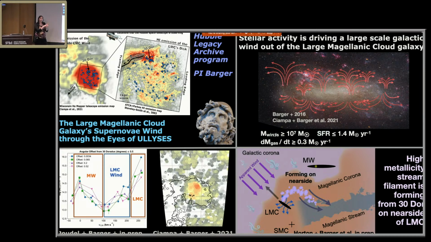So this right here will be including both of those components. Towards the 30 Doradus region, we find that the winds happen to be very, very strong, and that they might behave a little bit different as you move away from this region. And we find that there's evidence that the 30 Doradus region has some kind of connection with the Magellanic Stream that needs to be sorted out a bit.